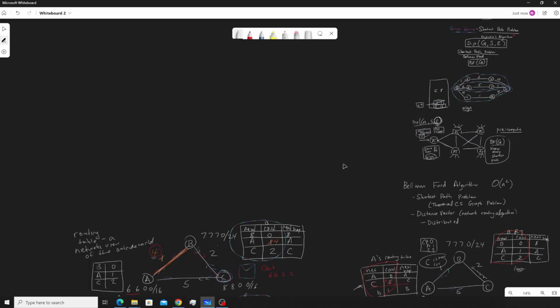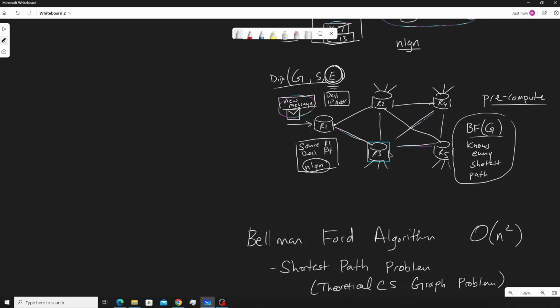They're messaging each other constantly every 30 seconds or so, exchanging information about the network. And using that information, they're finding the shortest path to every node, such that when a message arrives, it already knows the shortest path to every other router inside of its interior gateway protocol.